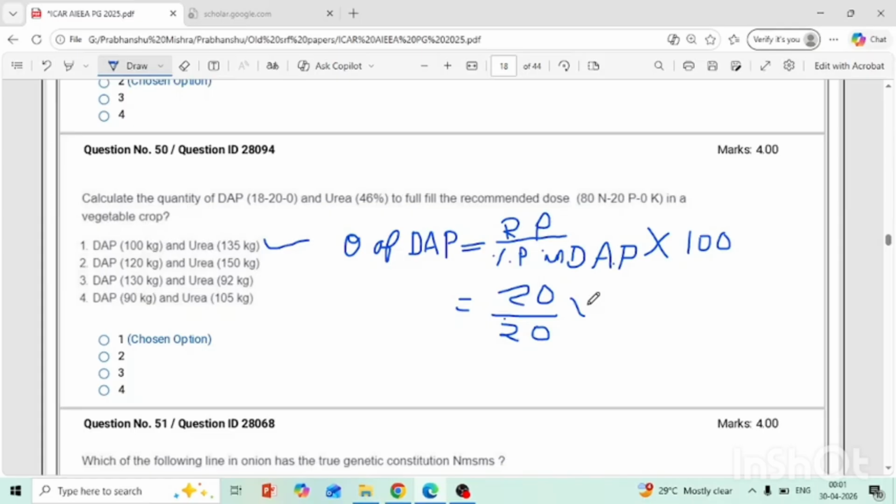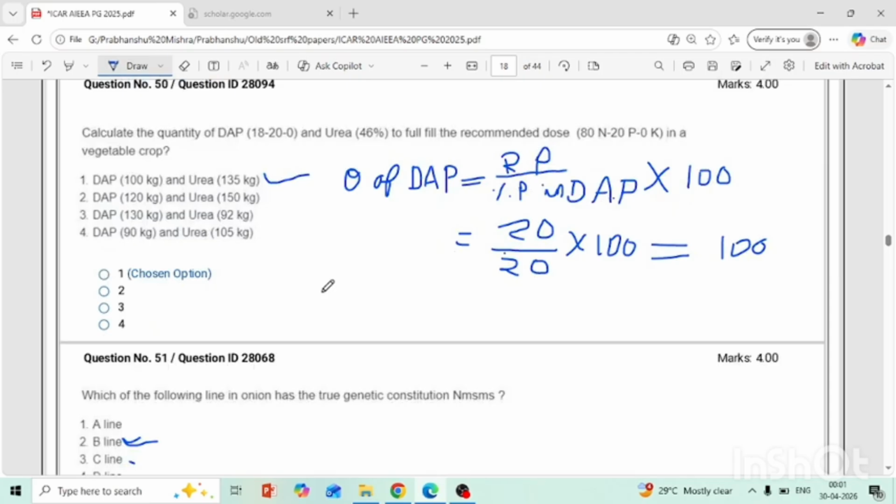Into 100. 20 and 20 cancel, you get 100. So 100 kg DAP is required to fulfill the 20 kg phosphorus.